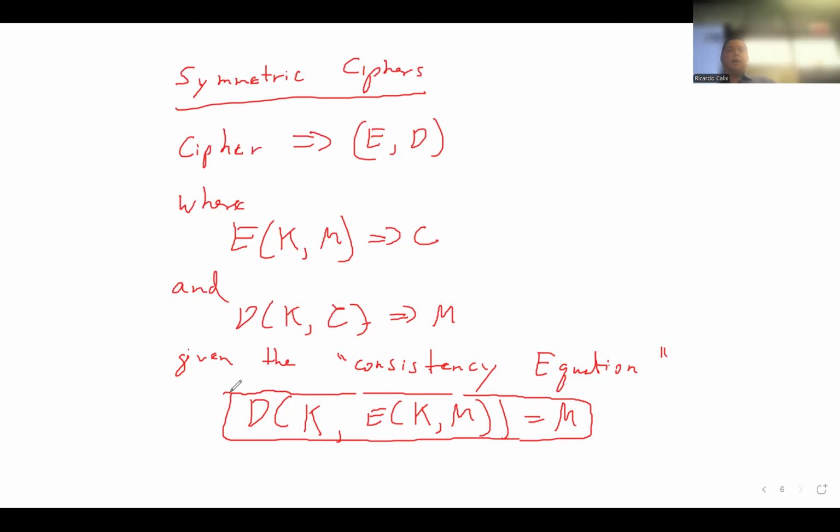So E(K, M) gives you the ciphertext, and then decrypting with K gives you the plaintext message M. This is the consistency equation.